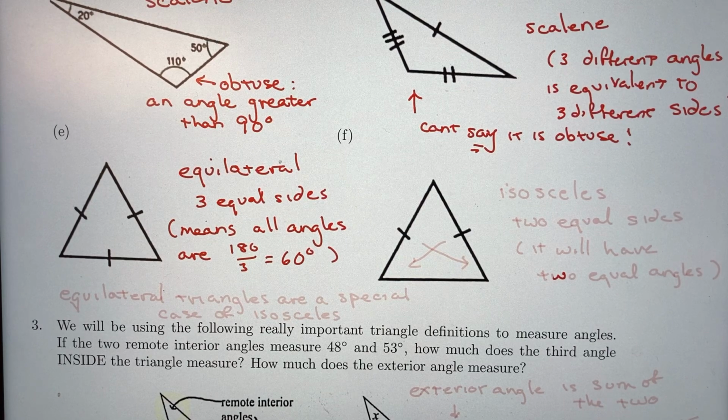What is the next one called? If you have two equal sides, it's called isosceles. Iso meaning same, and scalene is size. So two sides the same, we use isosceles to describe that.